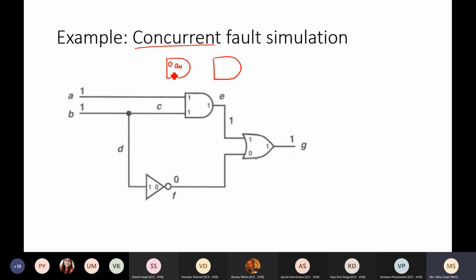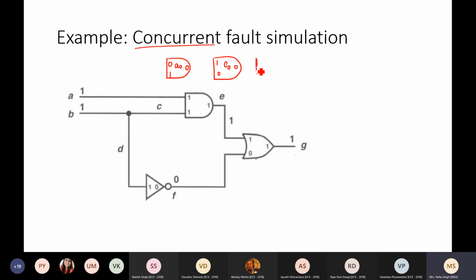Okay. And for the input 0, 1, the output will be 0. Another possible fault? C stuck at 0. So input बन जाएगा 1 0, output will be 0.